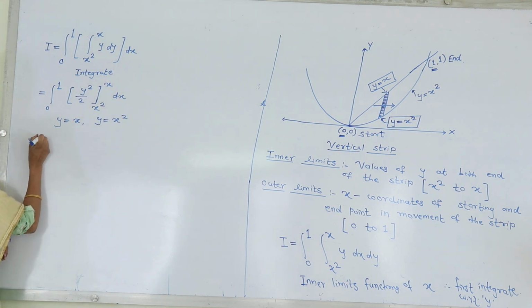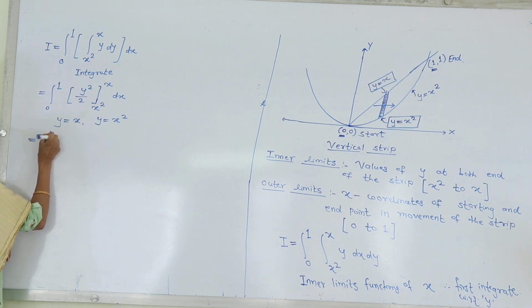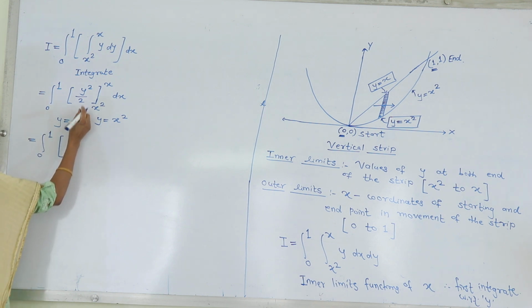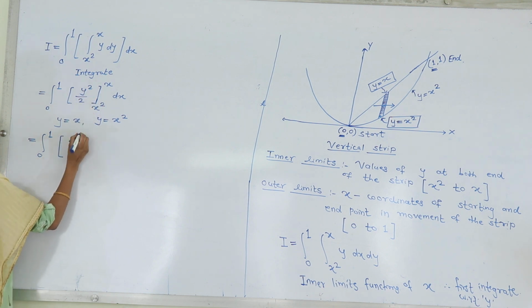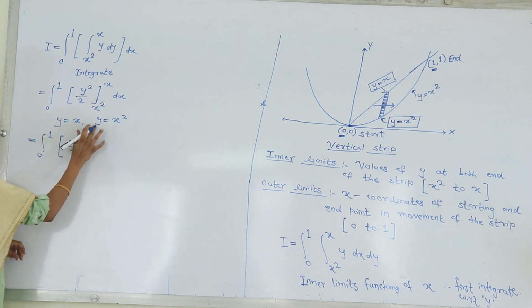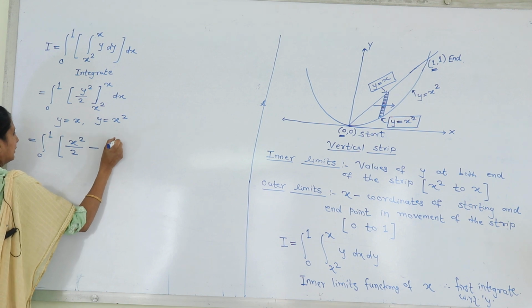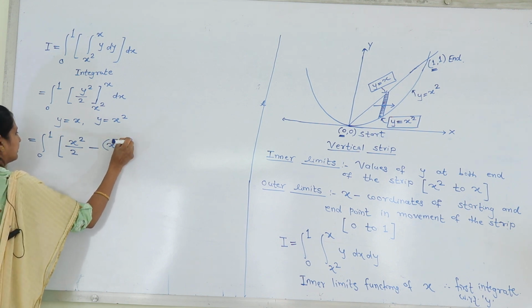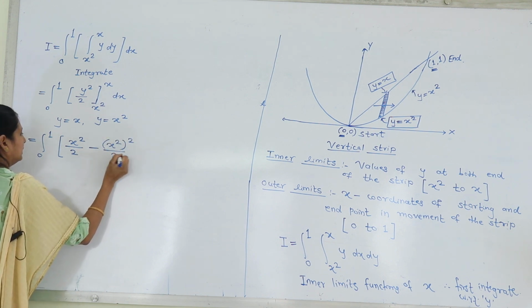First the limit is x, so y is equal to x, and y square gives x square by 2. First upper limit minus lower limit, y is equal to x square and its bracket square by 2, dx.